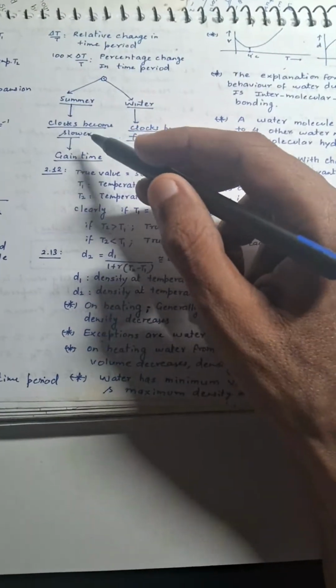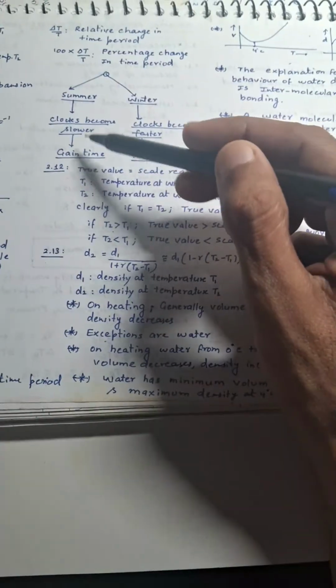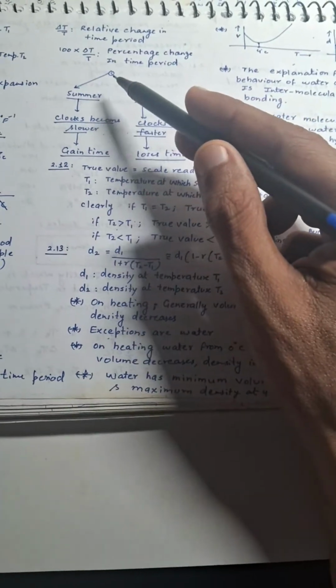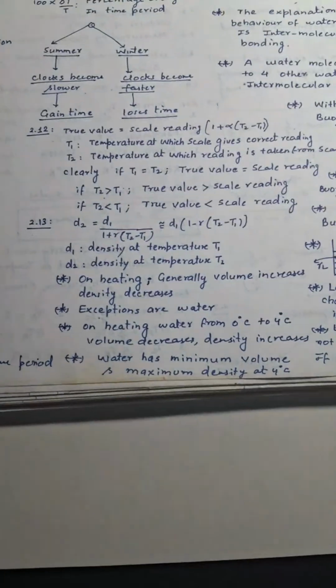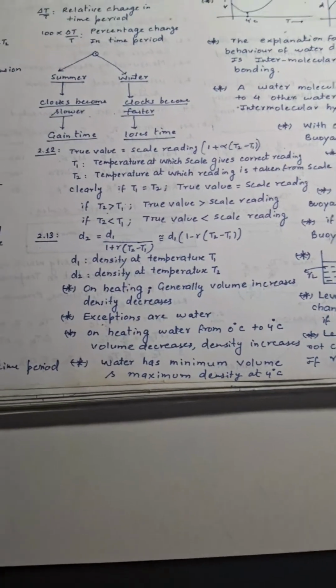During summer, clocks become slow, or they lose time, and during winters, they become fast and they gain time.